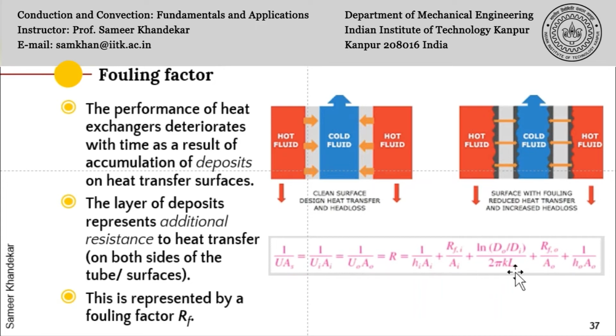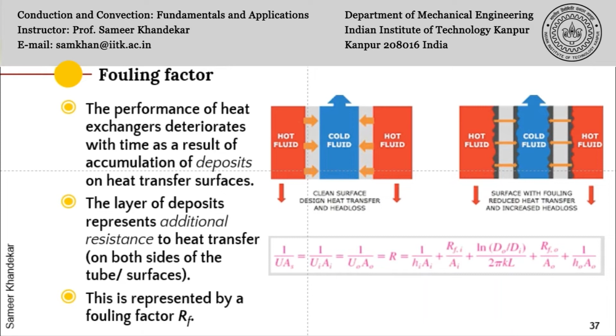So these two are the additional resistances which have to be added up, and sometimes, as you will see in this lecture, these resistances can be pretty high as compared to the other resistances also. And so over a period of time, the heat exchanger design calculations you had done may not remain applicable unless you have taken this fouling into account over the life cycle of the heat exchanger.